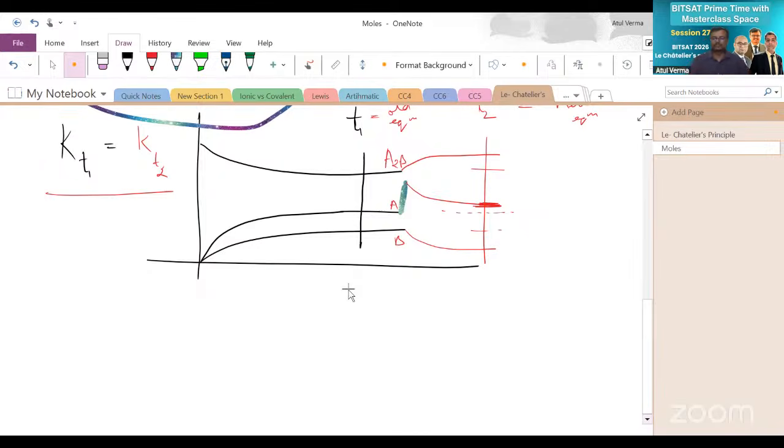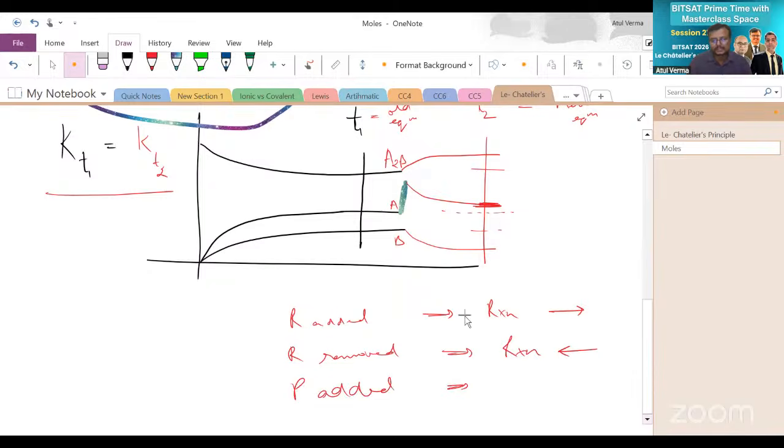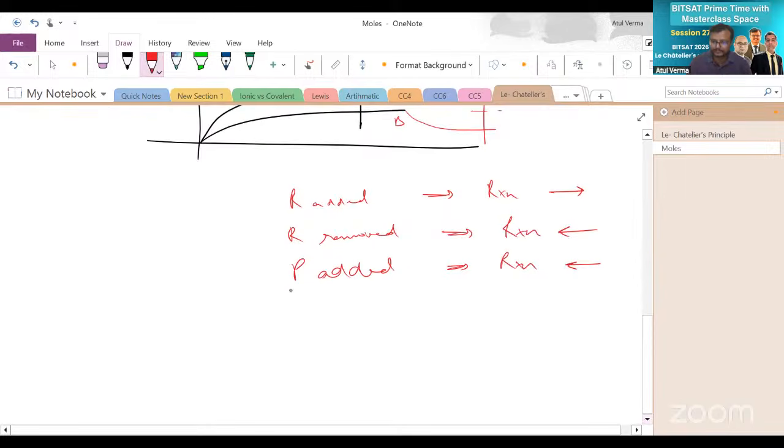So with respect to concentration, what we see, friends, is that if reactants are added, the reaction goes forward. If reactants are removed, by the same logic, the reaction goes backward. If product is added, just do the inverse: the reaction goes back.